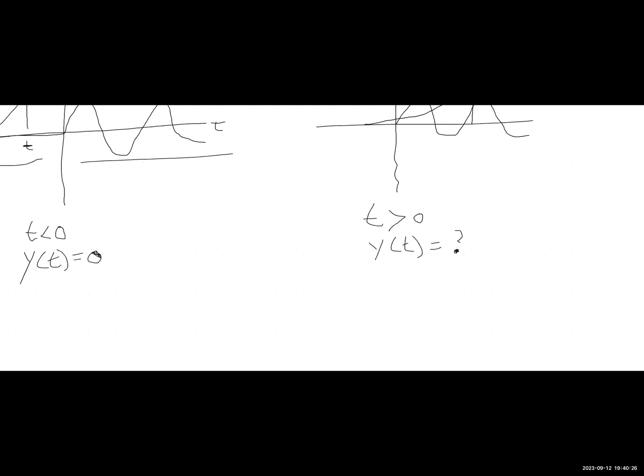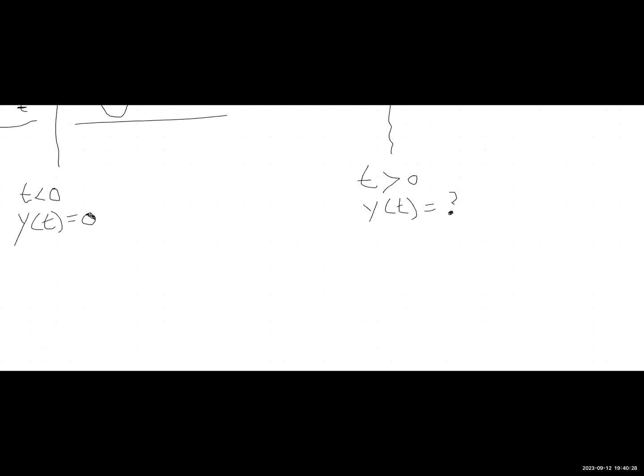So we know our convolution equation. Y of t is equal to integral from negative infinity to infinity x of tau h of t minus tau integrated with respect to tau.